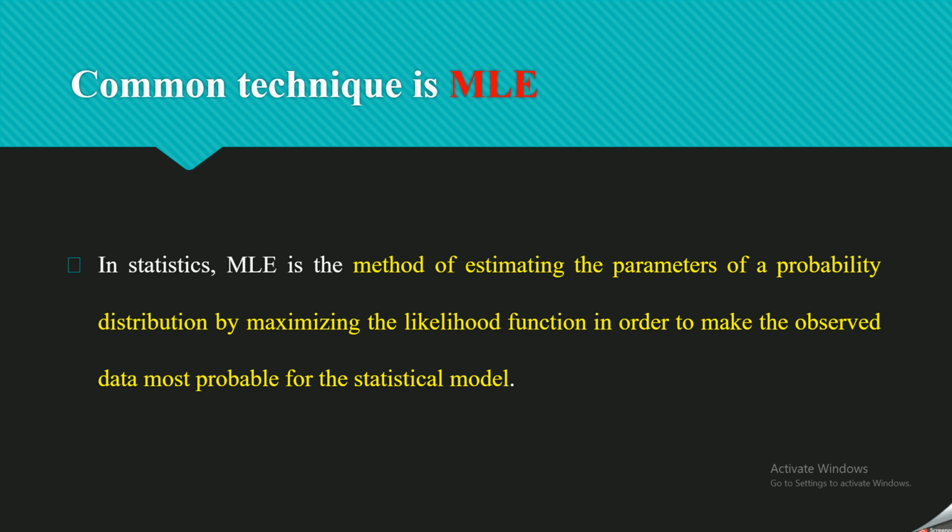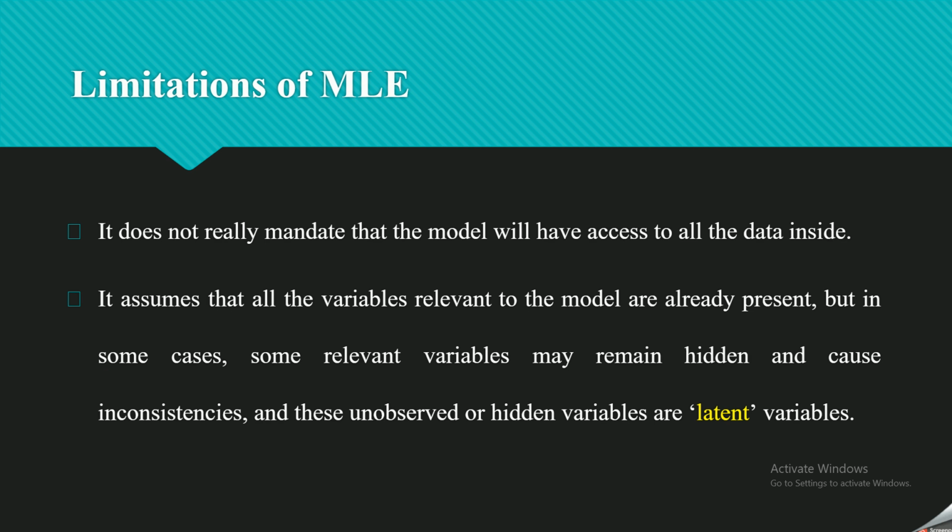I repeat, maximum likelihood estimation is a method of estimating the parameters of a probability distribution by maximizing the likelihood function. You have to maximize the probability function so that the observed data is most probable for the statistical model. But there are some limitations.